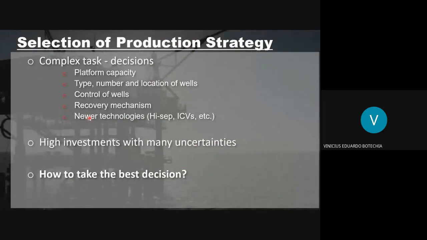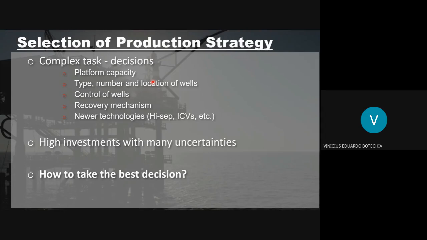As I said, the selection of the production strategy is a complex task because it's related to decisions in scenarios with a high degree of uncertainty, right? You have to take many decisions when you know almost nothing about the field, or, depending on the stage of the field, you can get more information. But in general, you have to make high investments with many uncertainties, right?